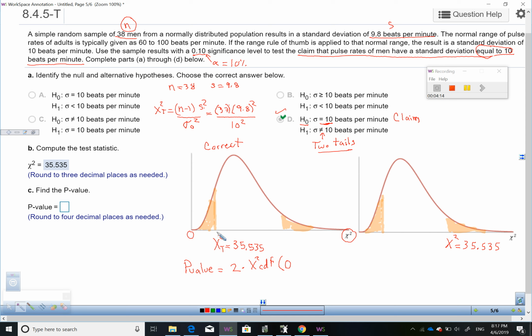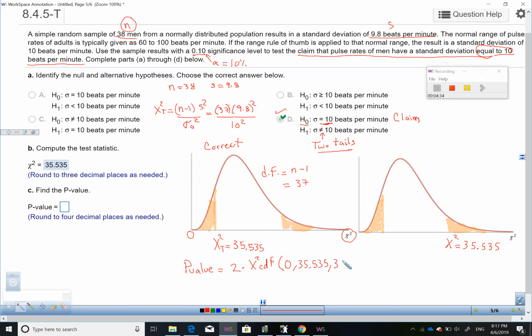The upper limit is this number right here, 35.535, comma. The degrees of freedom is n minus 1, which in this case is 38 minus 1, or 37.